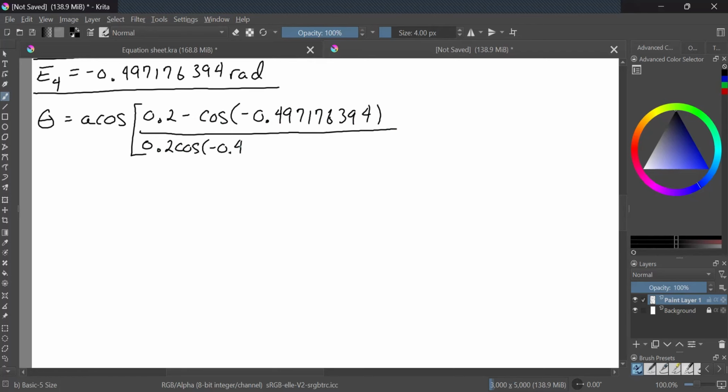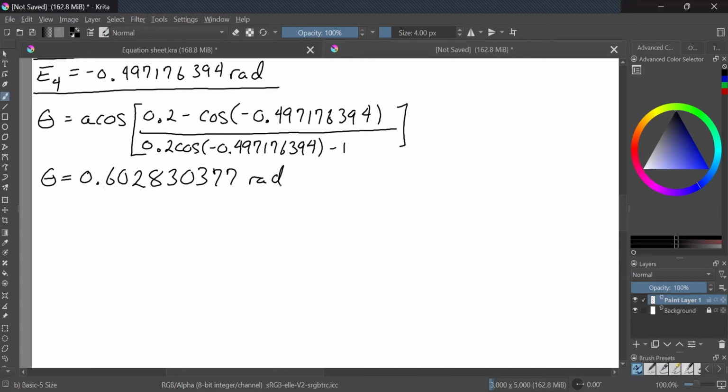Plugging in 0.497176394 gets you a value of 0.602830377, still in radians.